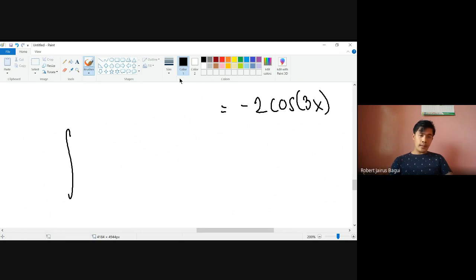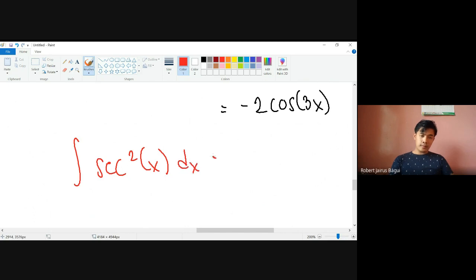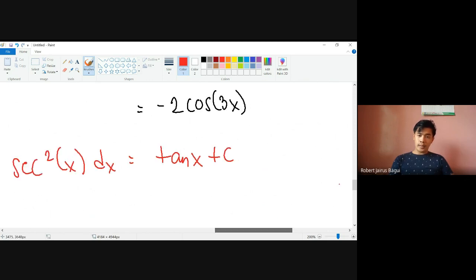So ngayon, paano naman pag secant squared x dx? Integral of this would be tangent x plus c. Oh, yun pala nalilimutan ko kanina.